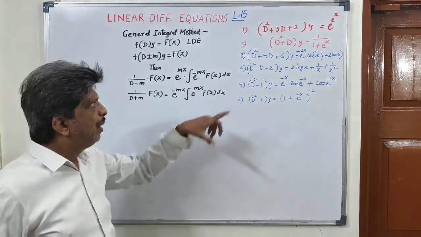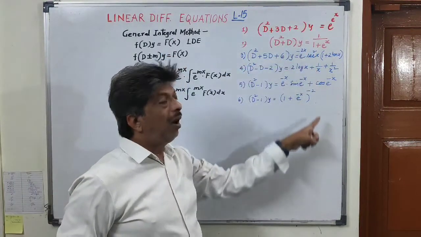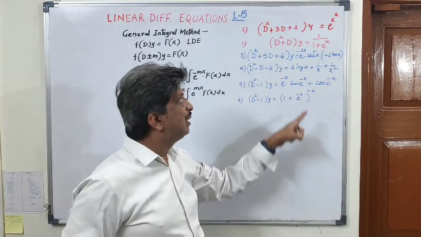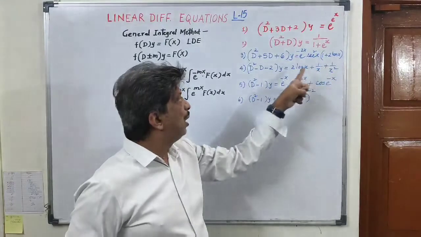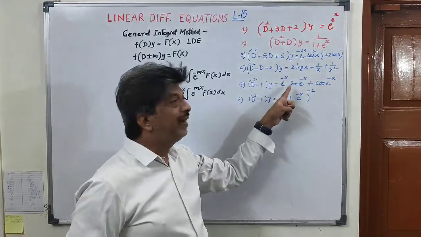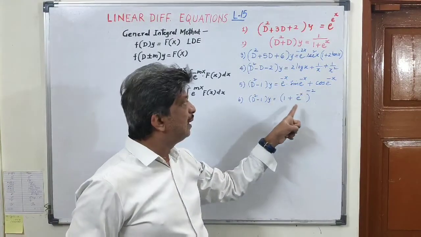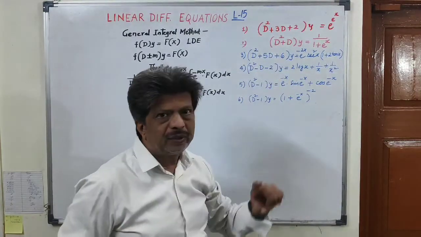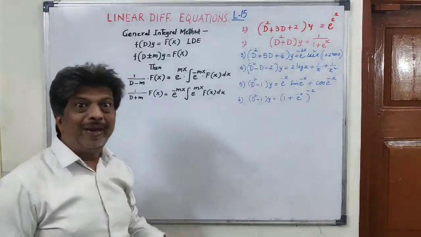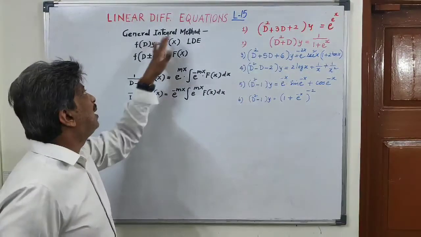You should note this. We observe that all these right hand side functions contain e raised to power x, tan x, log x, sine of e raised to power minus x. So in all of these 6 examples, we deliberately use the general integral.